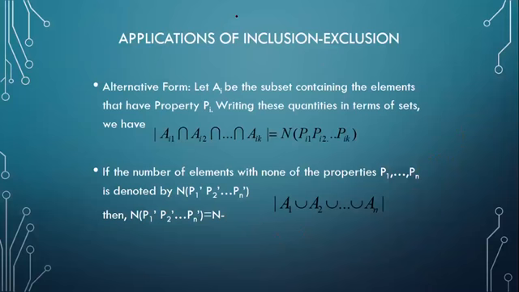For example, suppose we have a set A1 which has the property P1, a set A2 which has the property P2, and so on up to a set An which has the property Pn. We have so many sets in between.